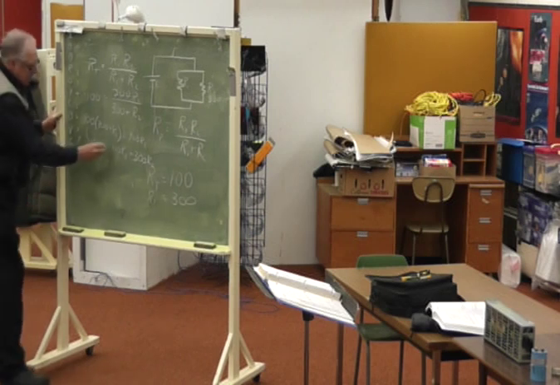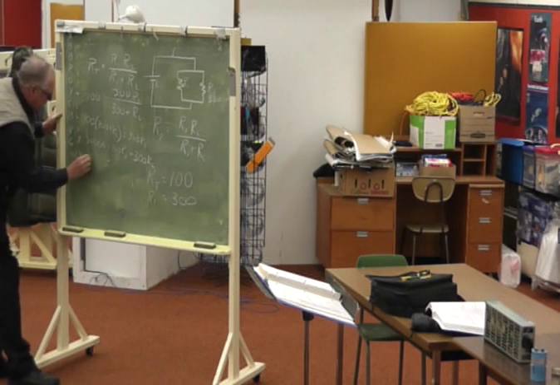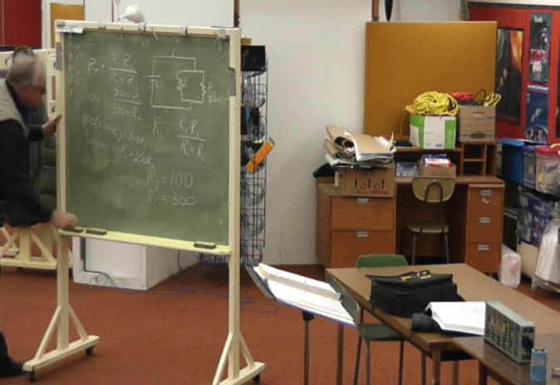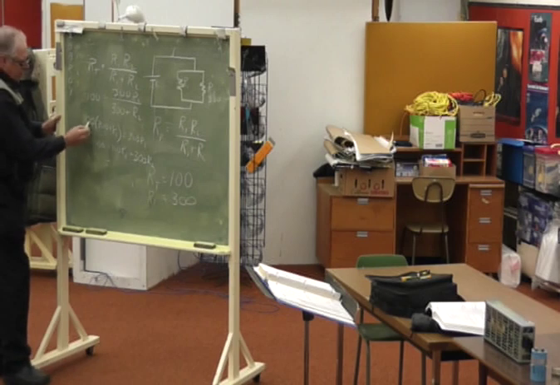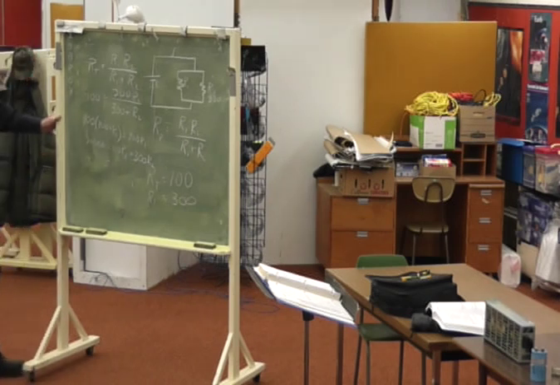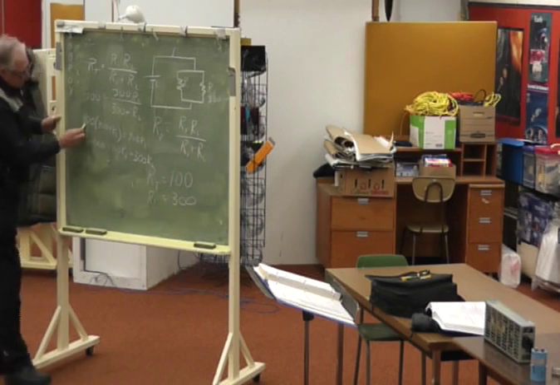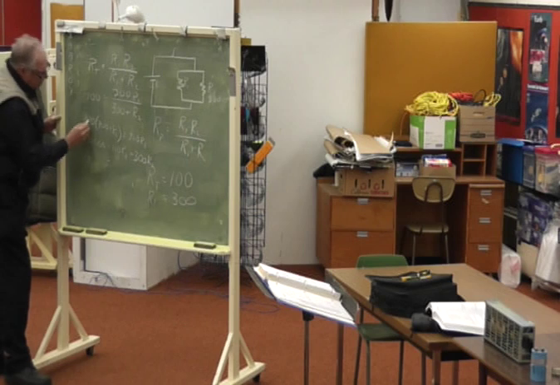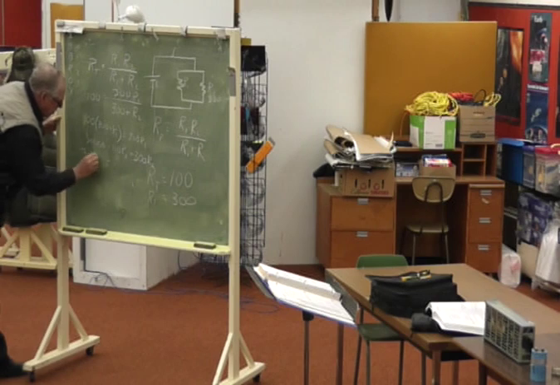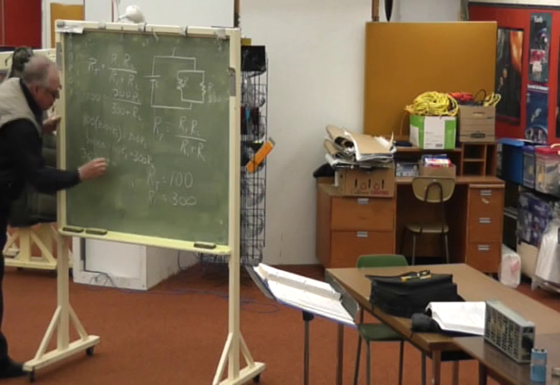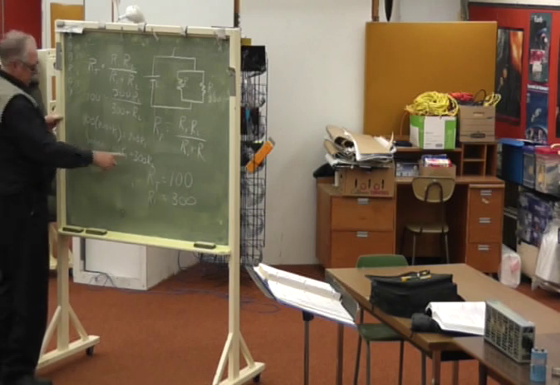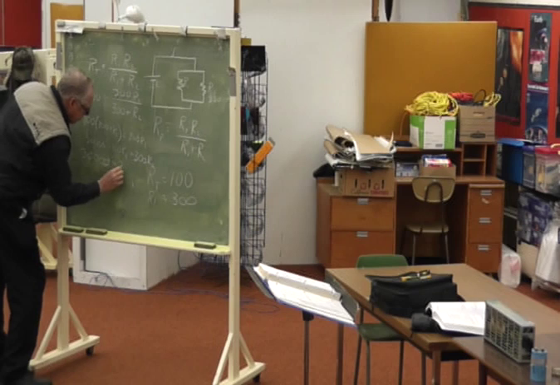Okay. Now I can put those two together. 30,000 is 100 times 300. Yep, 1, 2, 3, 4 zeros. And where did this next 100 come from? What I did is I multiplied 100 times that and 100 times that. Okay, got it, thank you. So 30,000 is equal to, I'll subtract 100 R2 from this side and 100 R2 from that side, so that's equal to 200 R2.